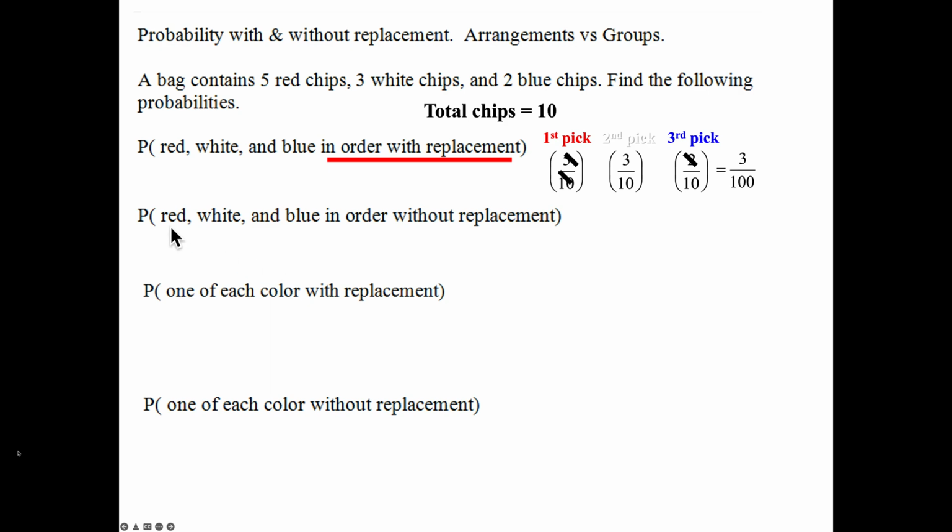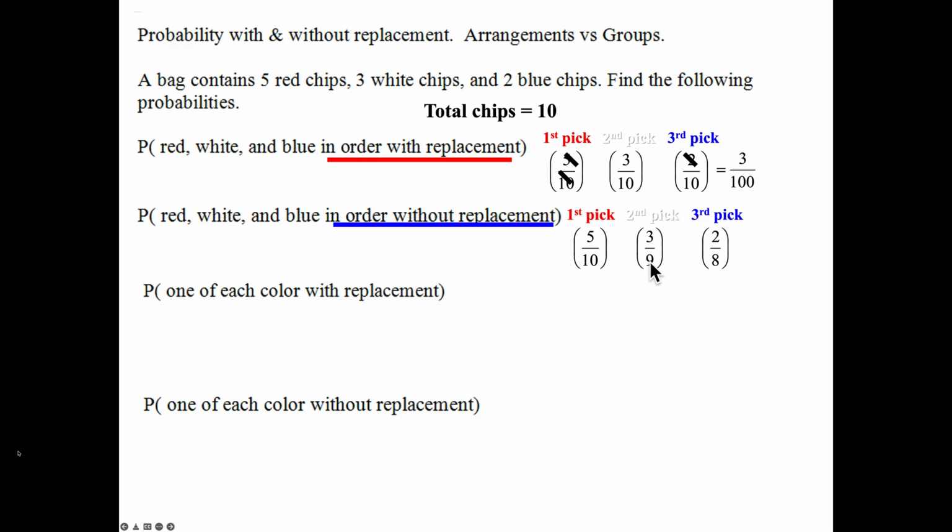All right. Second probability, red, white, and blue in order again, but this time no replacement. So again, first pick, 5 out of 10, but now notice the second pick for the white. The denominator reduced by 1, just like that birthday problem we saw earlier.